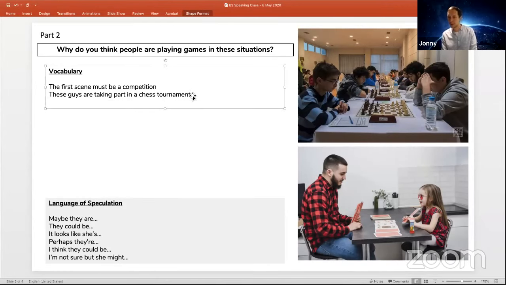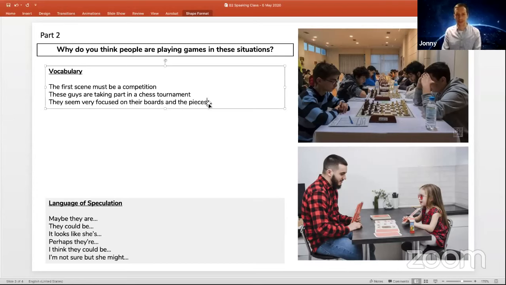Good, Runa. And as well, they look very, yeah. We can say they seem very focused on their boards. Yeah, these are the boards, what they're playing on, and their boards and the pieces as well. The pieces are the small parts that they move around on the board.